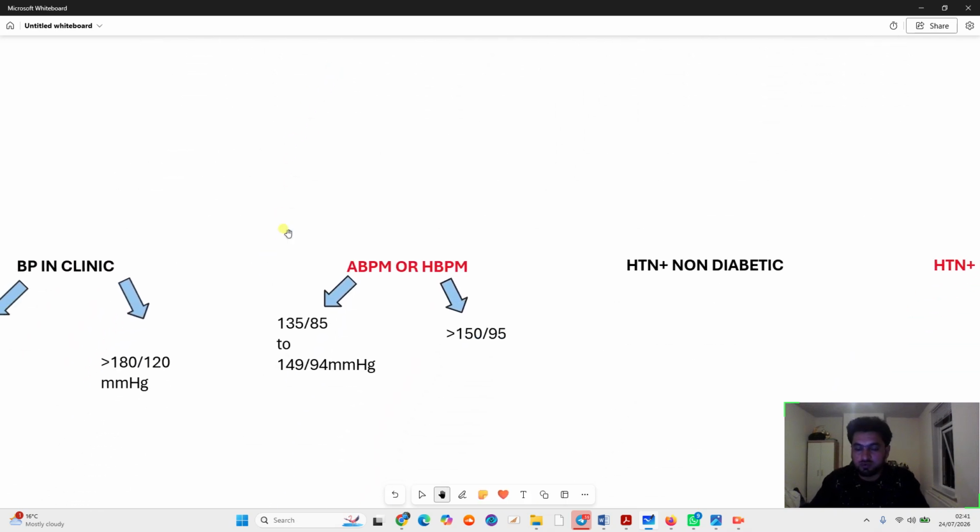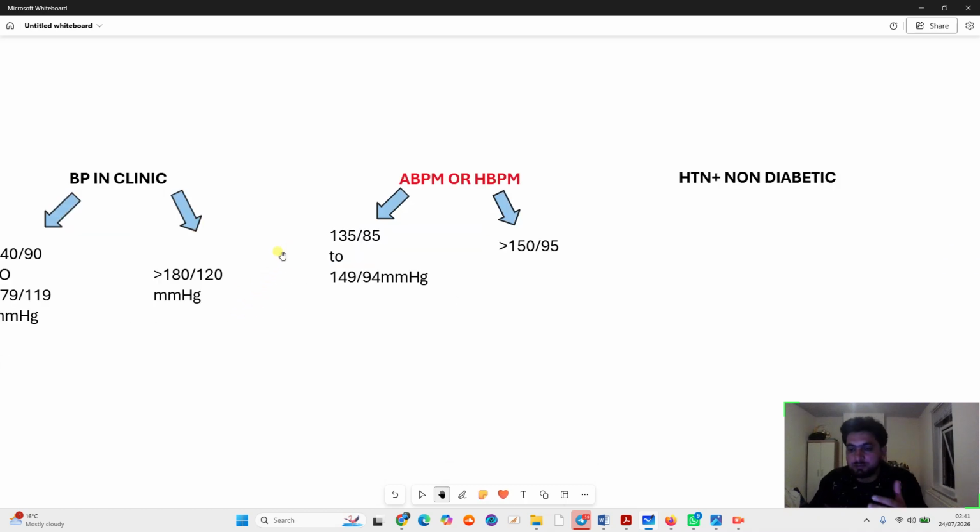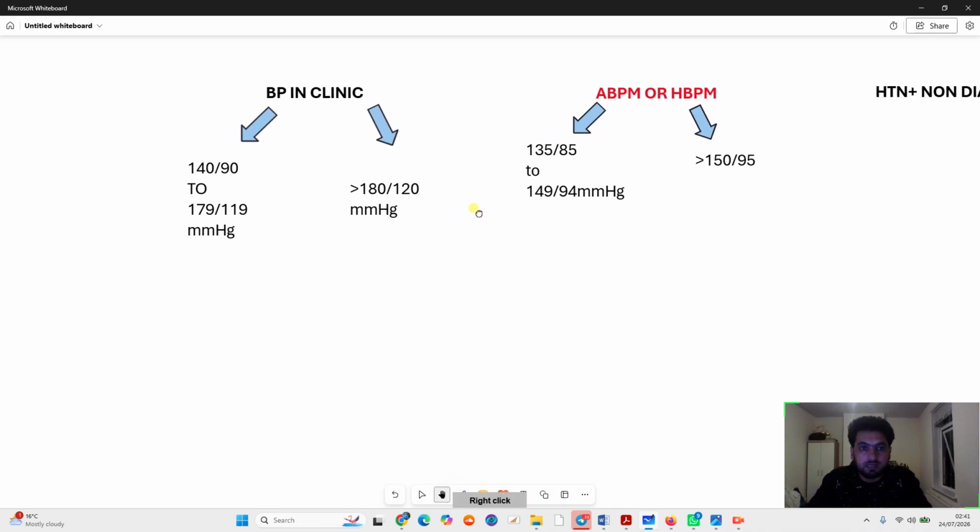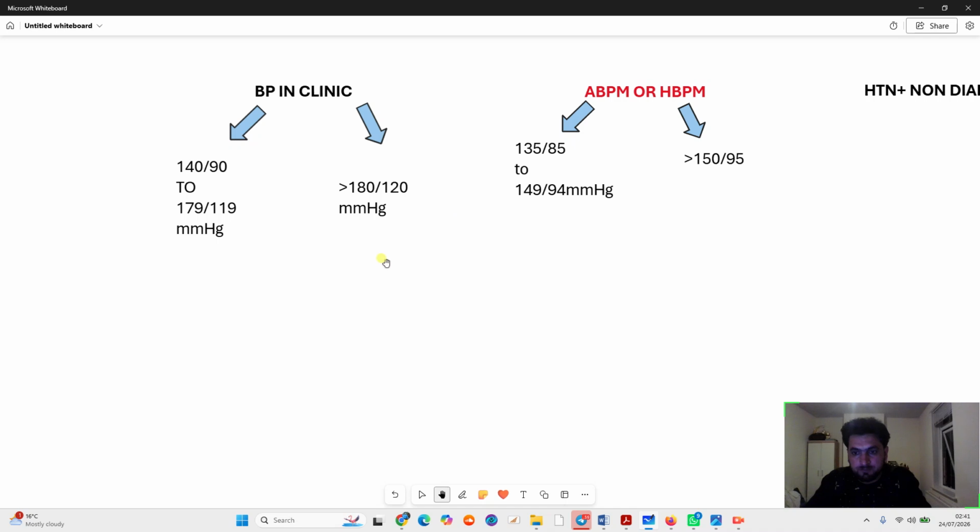Firstly, we have to look at where we are and in what range the patient is coming to us. If we are in a clinic and we check the BP of the patient and the measurement falls in these two categories.